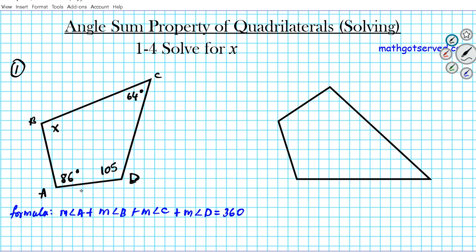Bam, all right? So we just substitute. Measure of angle A is 86, so 86 plus measure of angle B is x, 86 plus x plus 64 plus 105. The sum of the interior angles is equal to 360 degrees.